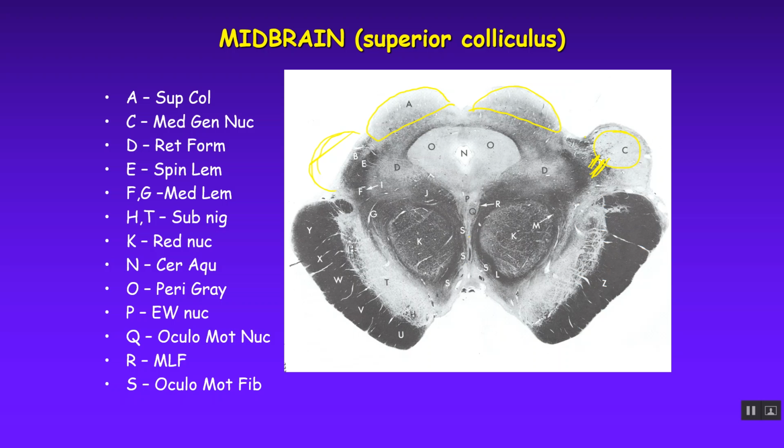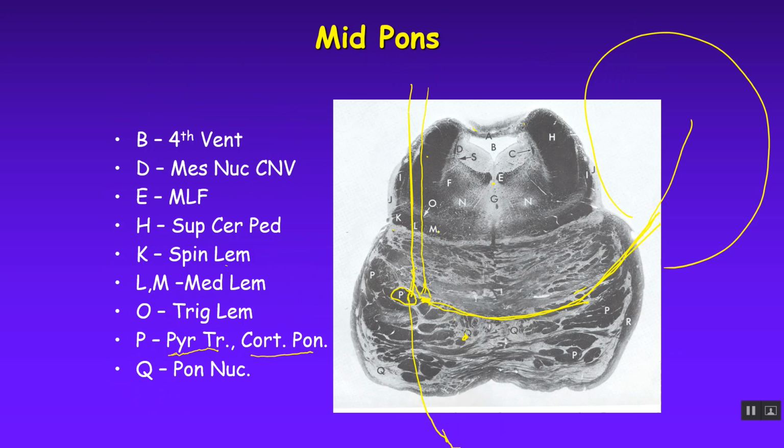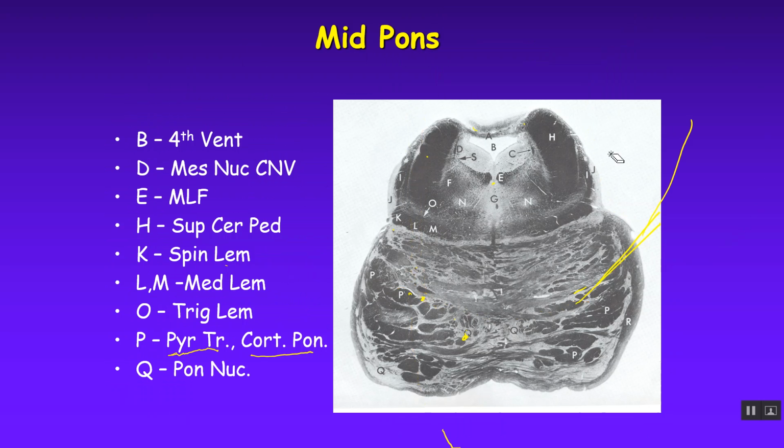So, E, spinal lemniscus. Here's the spinal lemniscus. And then F and G together, this is the medial lemniscus. You remember back here, the spinal lemniscus, medial lemniscus, and all that are right together, lined up pretty much in a medial to lateral position.